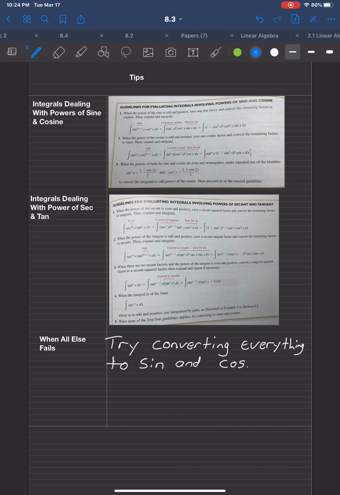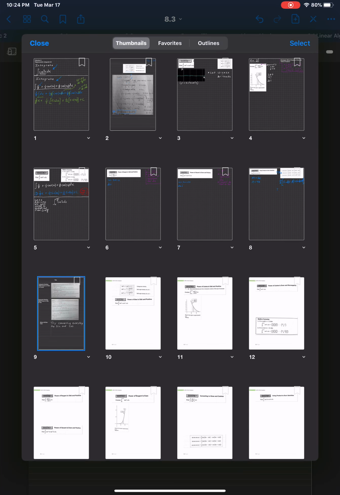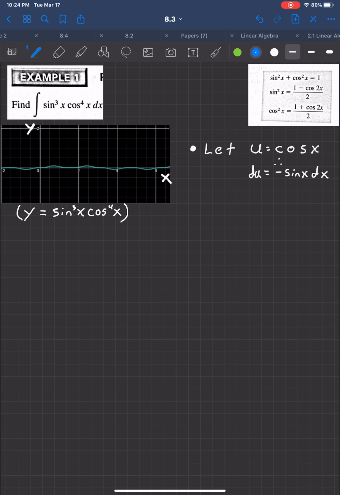We're going to have some tips, some strategies for dealing with various integrals of sines, cosines, secants, tangents, etc. And I'm going to come back and refer back to this page multiple times. Okay, but first let's actually jump into a question that we want to be able to answer.